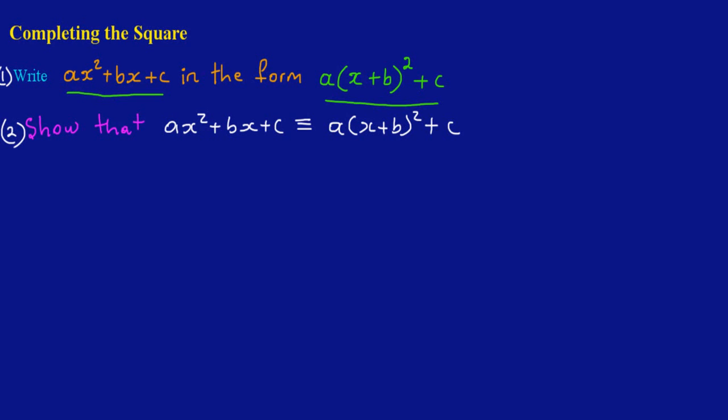Take for example, they gave us x squared plus 6x plus 5. If you notice, this is in its general form, and now they are going to ask us to write it in the form a times (x plus b) all squared plus c.